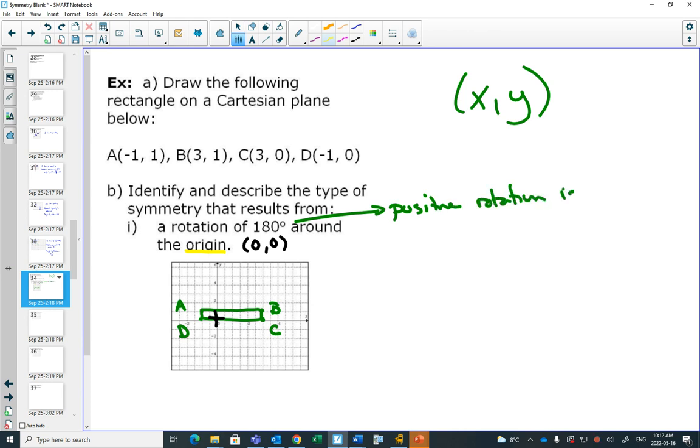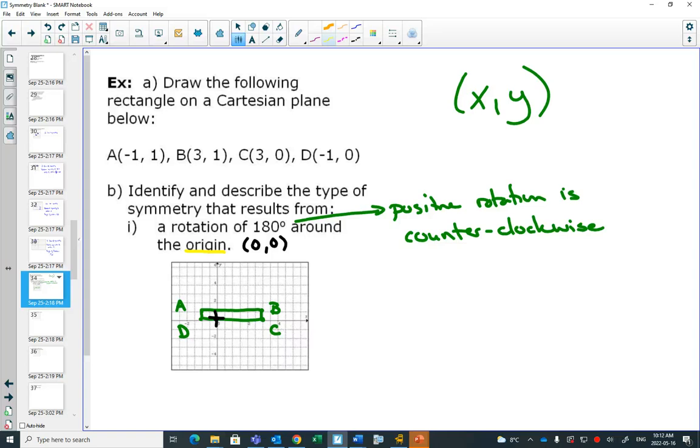A couple of notes. That 180 degrees, if they give you a positive rotation, they mean counterclockwise. Because we're going to turn it 90, 180.